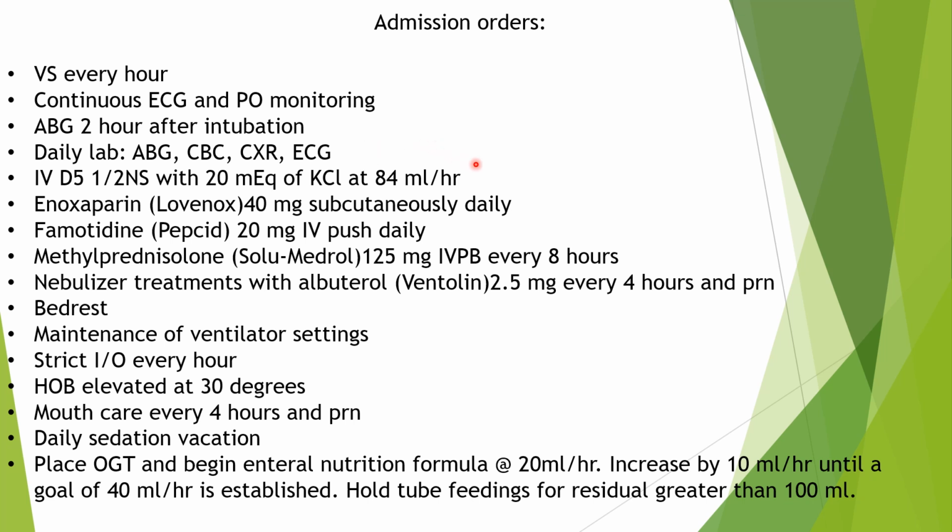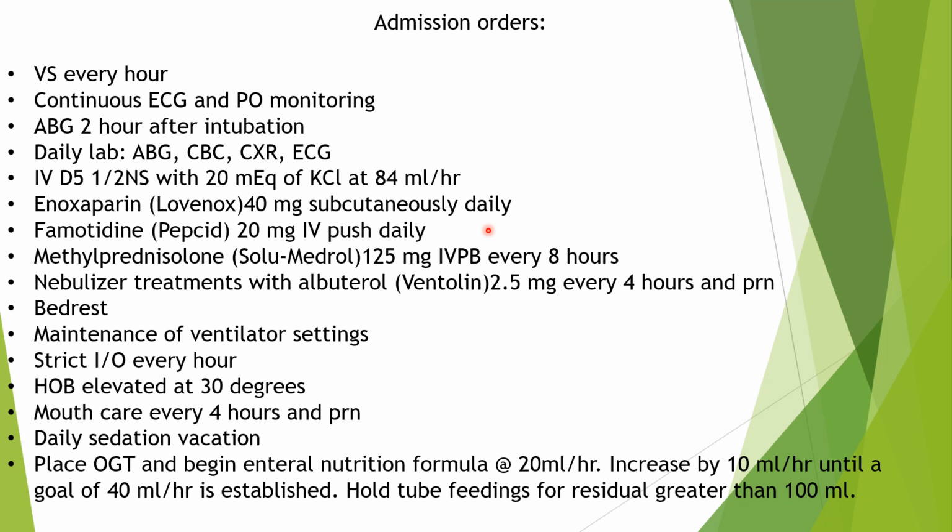The patient should be given IV fluids. Here we are giving D5 half NS with 20 milliequivalents of potassium chloride at 84 ml per hour. Potassium supplement needs to be given for a mechanically ventilated patient. Enoxaparin 40 mg subcutaneously daily we must provide.